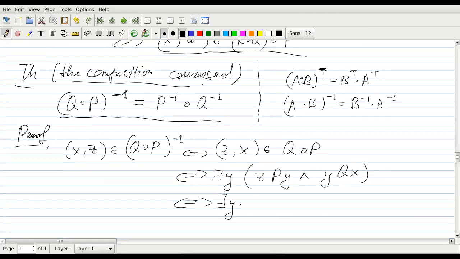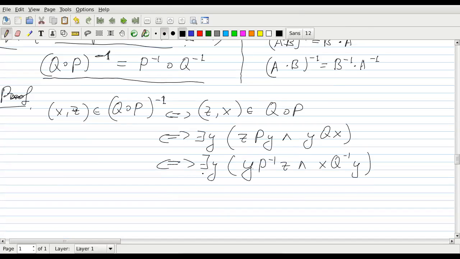And now let's overturn this pair. That is just Z, Y, P converse Z, and X, Q converse Y. Is it clear? Yes. Well, now let's change the order of members in our conjunction.